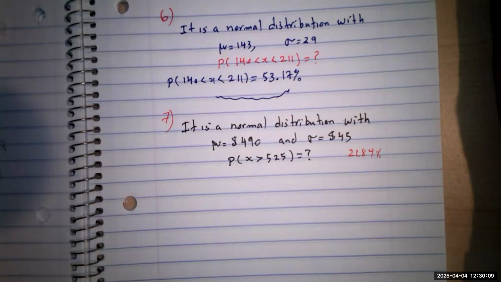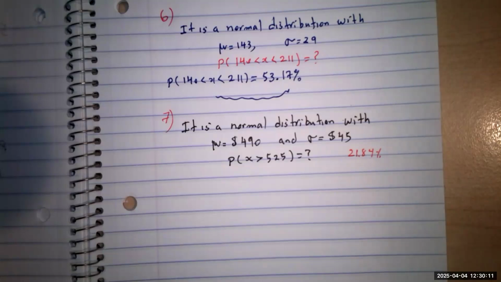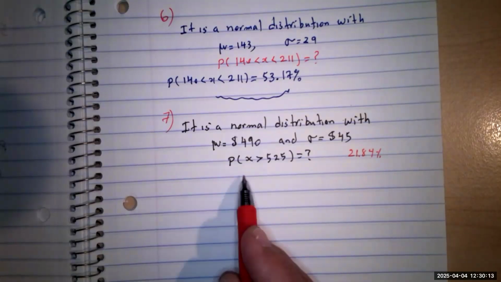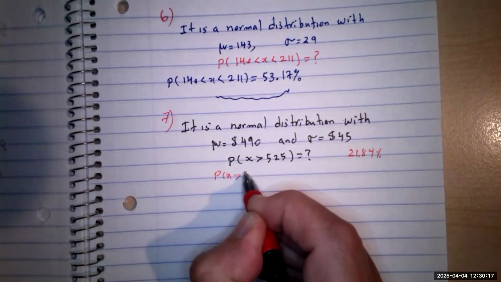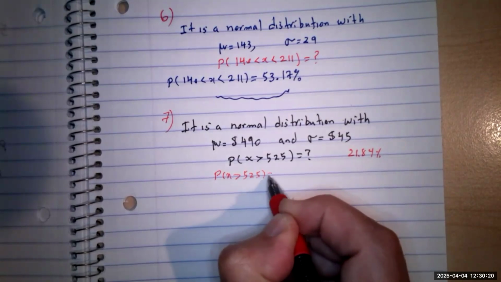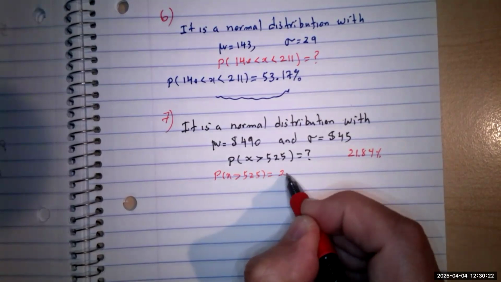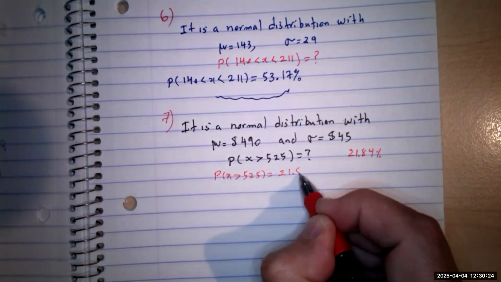Okay, stop shading and checking the numbers. There you are. So the Art of Stats solution gives you the probability for 525 as 21.84%.